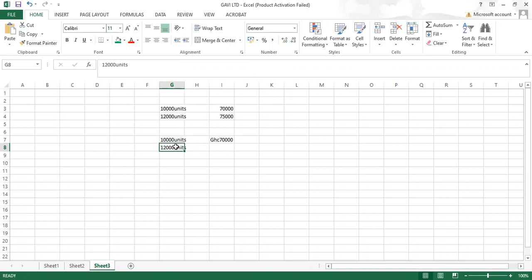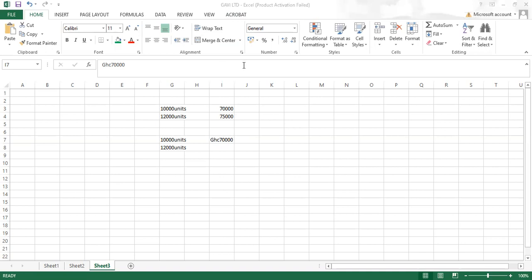The easiest way to do this is to find the cost per unit for the one that you have to produce. If you are producing 10,000 at 70,000, what should have been the cost for each unit? Joycelyn, what should have been the cost for each unit? 7 cedis.